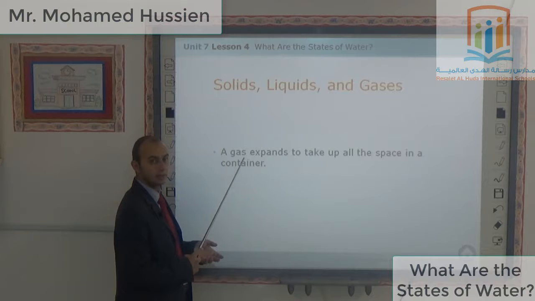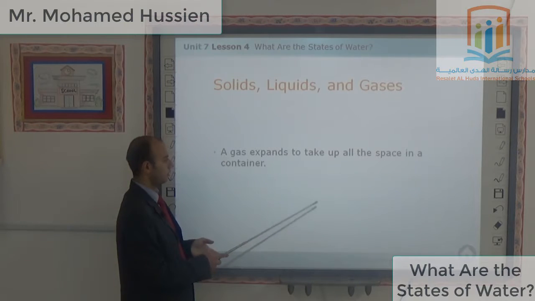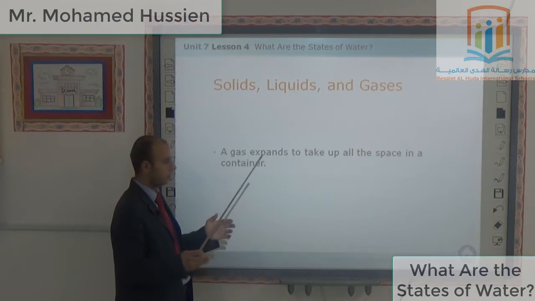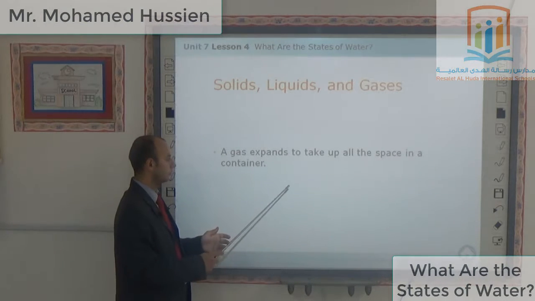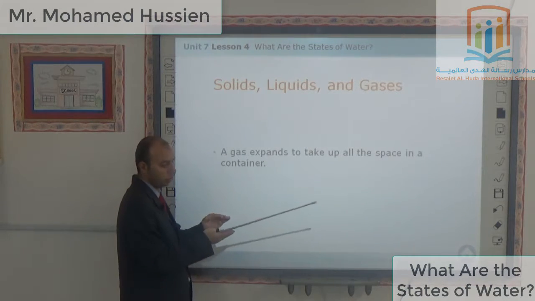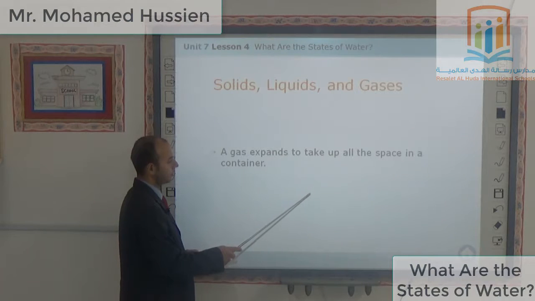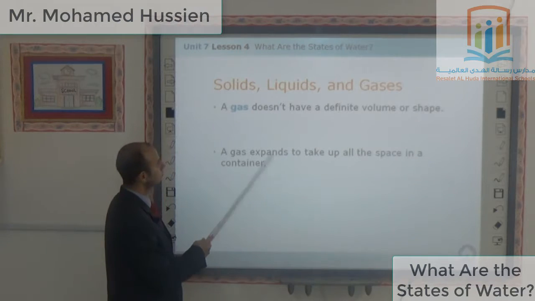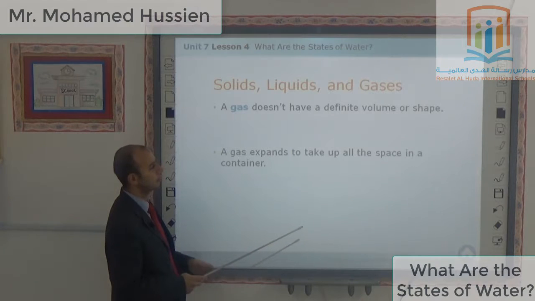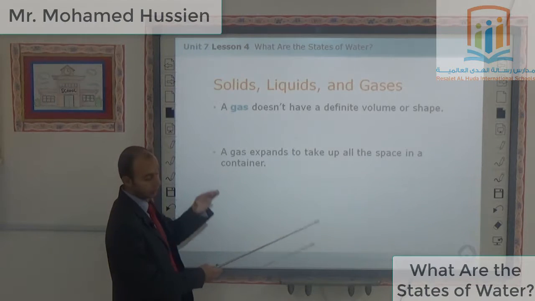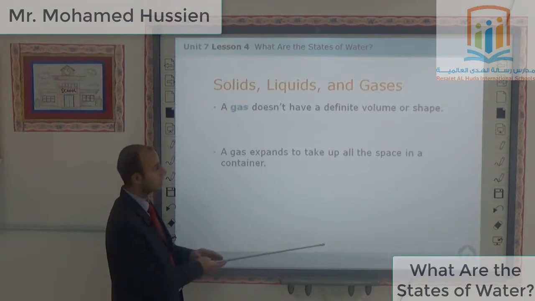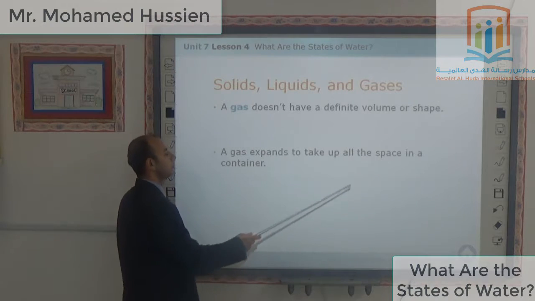Third state is the gas. Can be expanded, increase the volume or decrease the volume according to its container, can be compressed as you watch in the video. Gas doesn't have a definite volume. Of course, we can compress it to a smaller size or shape.